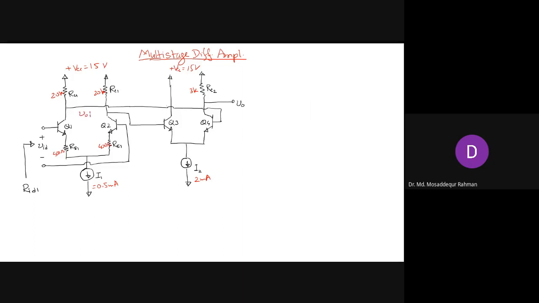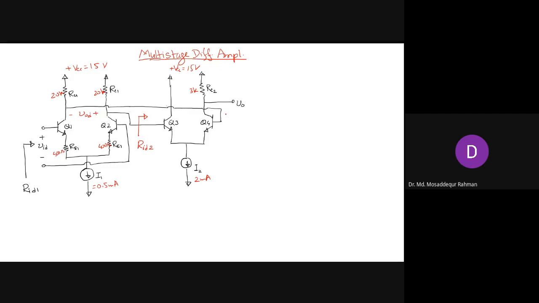So that was the output for the first stage that goes as the input for the second stage, and that was the differential input resistance for the second stage. Remember the connection, how it is connected: this side is plus, so that goes into the plus of Q3, and the minus goes to Q4. That is how we connect.